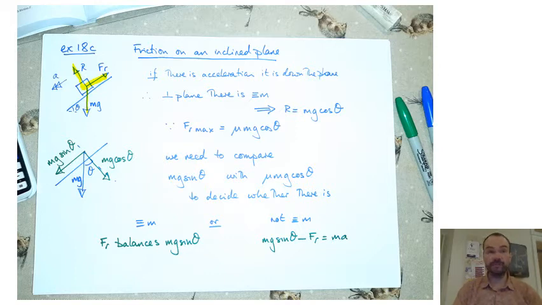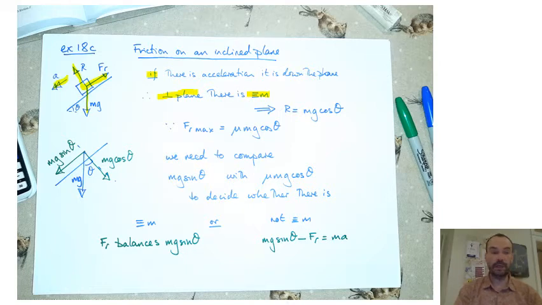So if there is acceleration, it's definitively down the plane. Therefore, if the acceleration is down the plane, perpendicular to the plane in that direction, so perpendicular to the plane, there must be equilibrium.